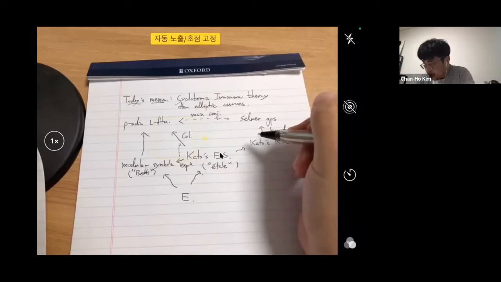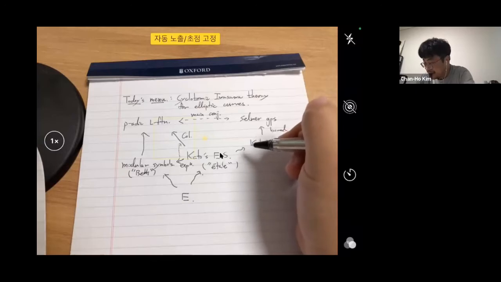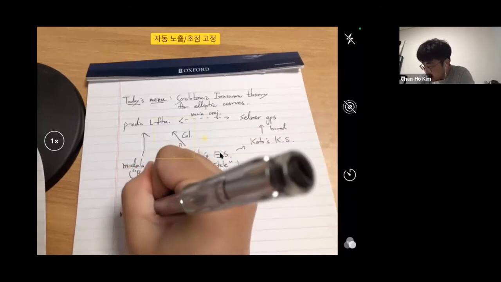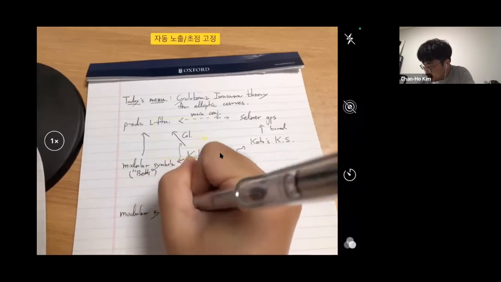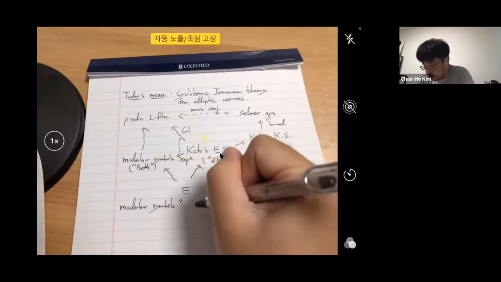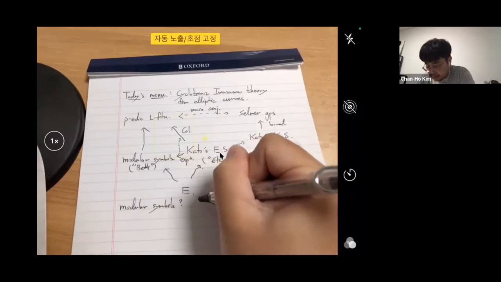And why do we try to make the connection between Kato's Euler system and modular symbols? A very good advantage is that modular symbols are very computable. How can I say that?